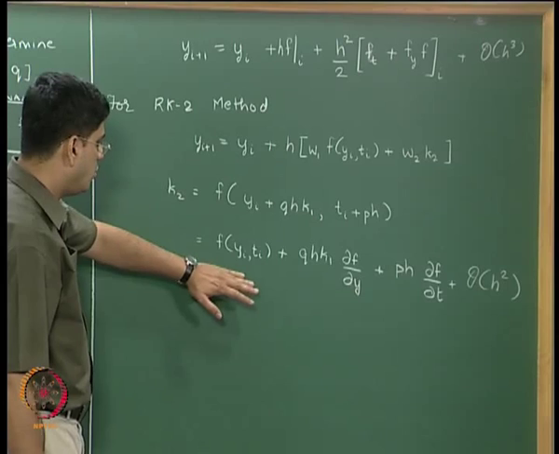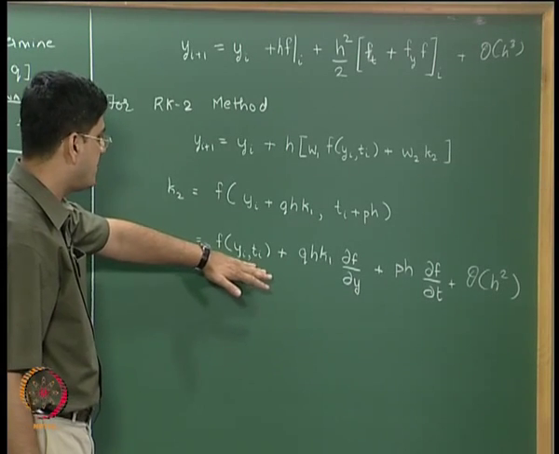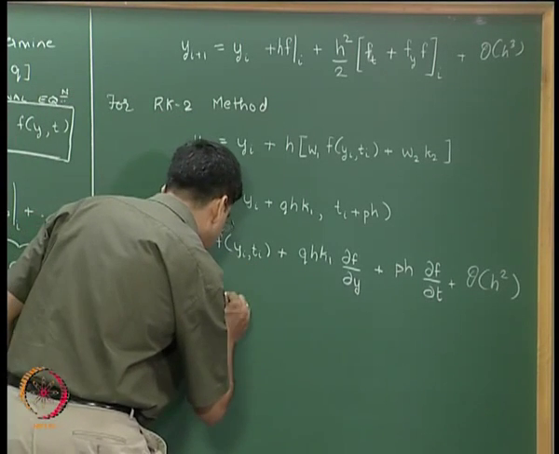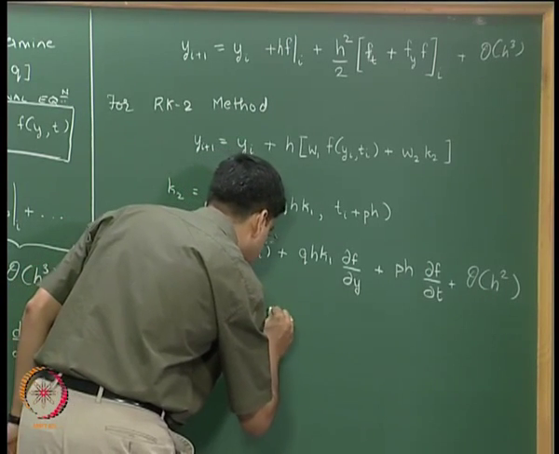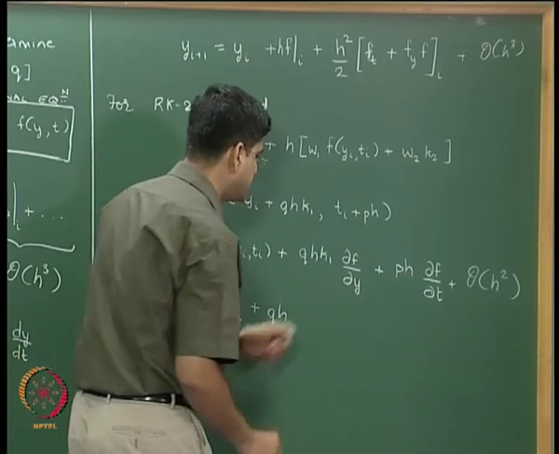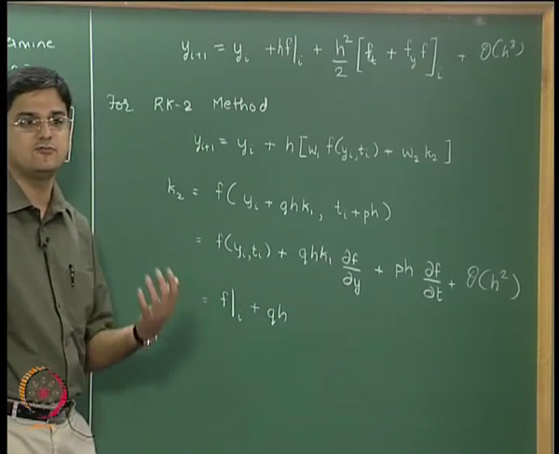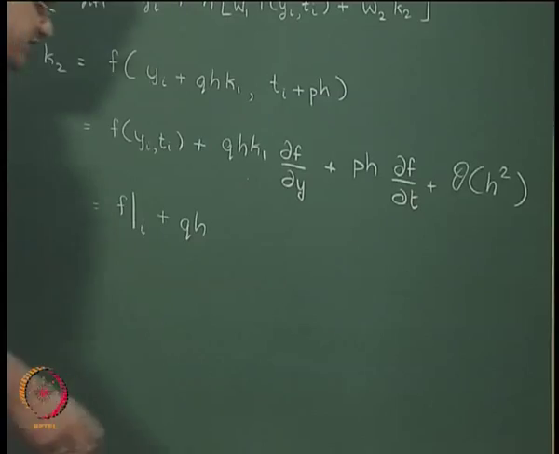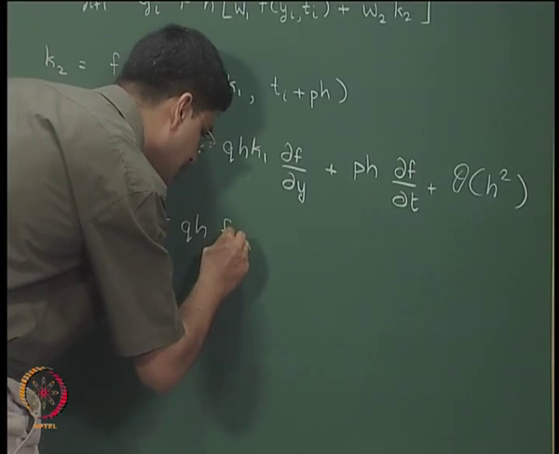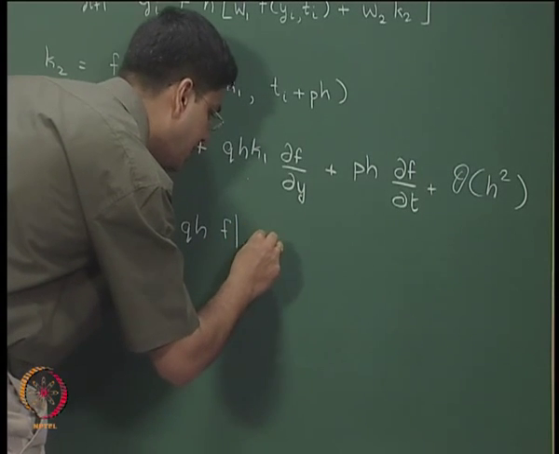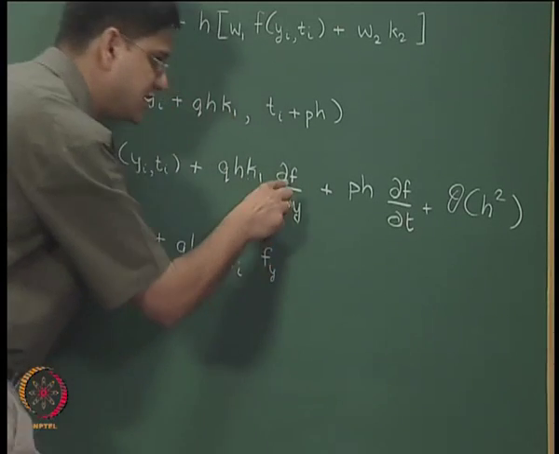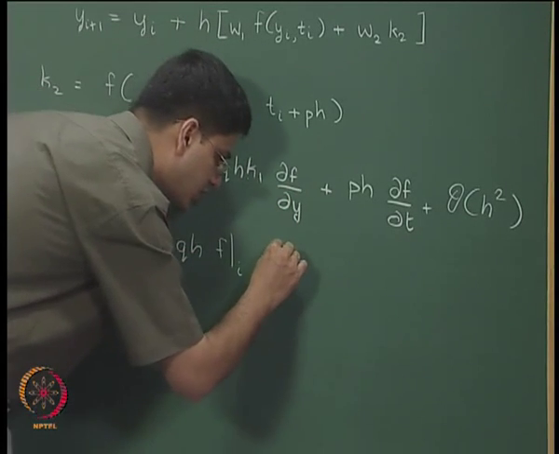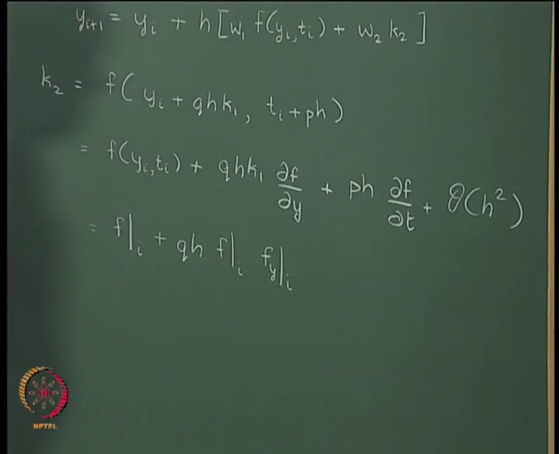Okay. So, now what we can do, f of yi comma ti, we will just write this as f computed at I plus q multiplied by h multiplied by k1. Remember, k1 was nothing but f of yi comma ti. So, we will write this as f computed at I multiplied by fy, that is partial f by partial y, computed again at yi comma ti. Okay.